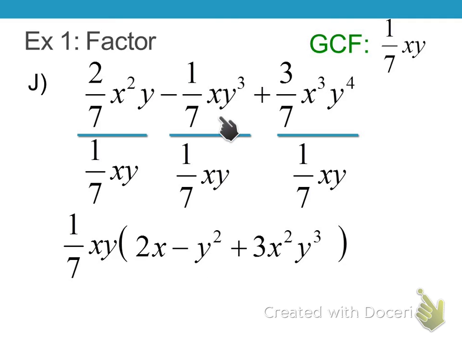What would you multiply 1/7 by to make this? And it would be 3. So dividing fractions is kind of tricky. I think it's easier to almost work backwards on this one. Or you can kind of visualize it like you're pulling the 7 out to the front. And you're left with the 2, the -1, and the 3. Don't forget to write that 1/7 X, Y up front.